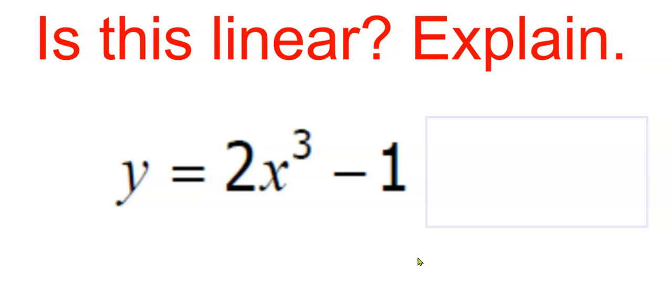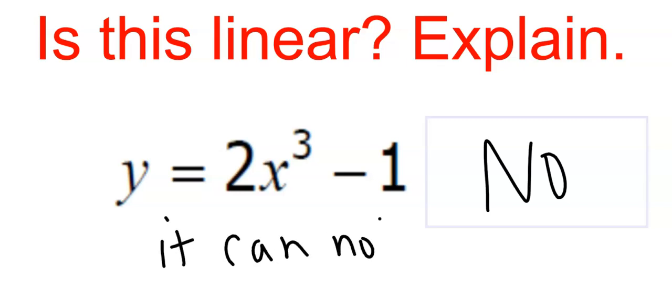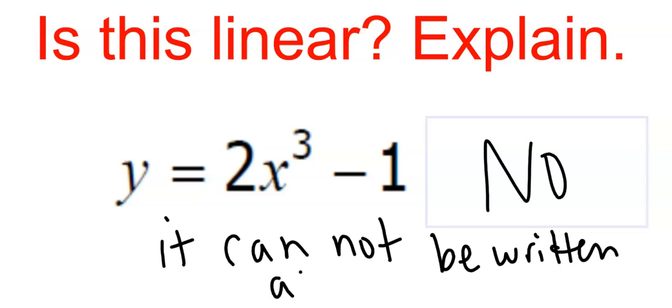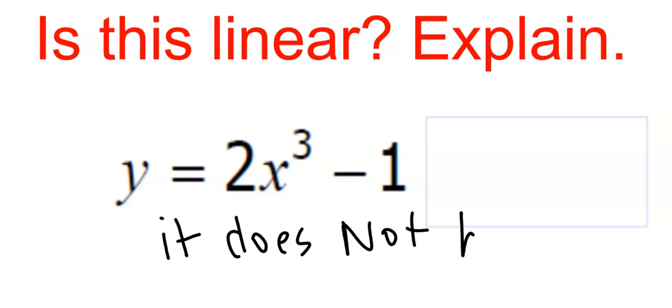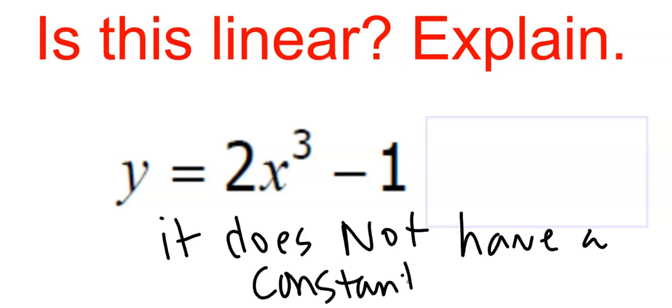How about this? Is this equation linear? No. Why not? It cannot be written as y equals mx plus b. Or it does not have a constant rate of change.